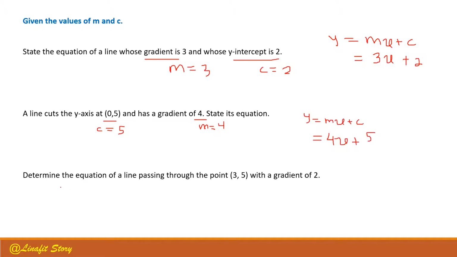Determine the equation of the line passing through the point 3, 5 with a gradient of 2. We calculate the value of c by substituting the value of m and the coordinates in the equation y is equal to mx plus c.